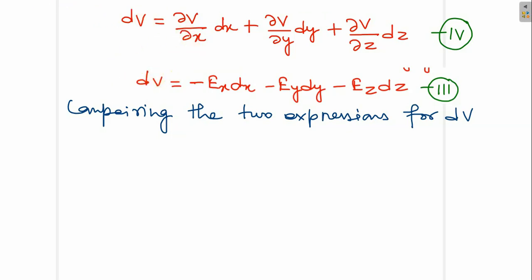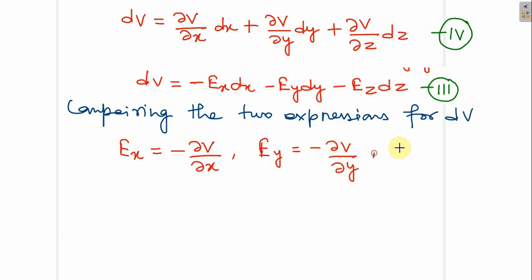So what do we conclude? Del V upon del x is equal to minus Ex, so we can write Ex equals minus del V upon del x. Similarly, Ey equals minus del V upon del y, and Ez equals minus del V upon del z. Okay, fine.